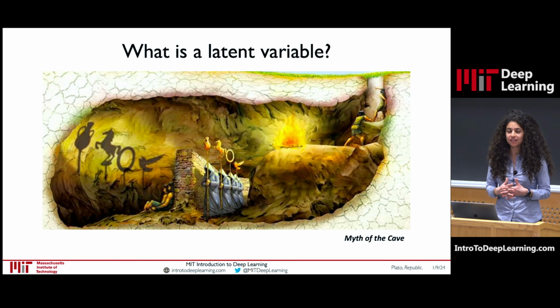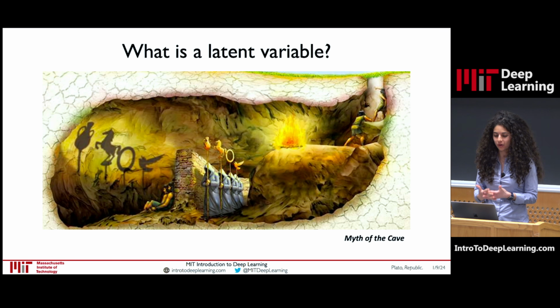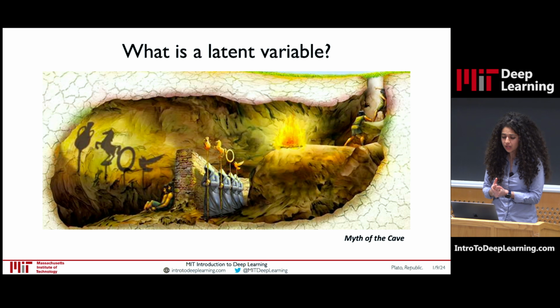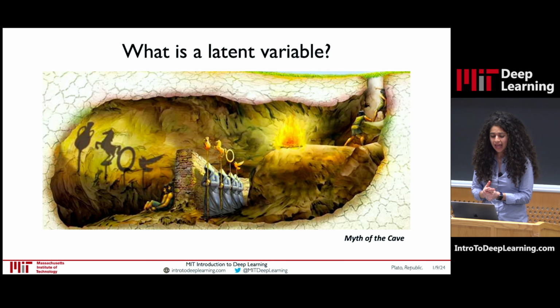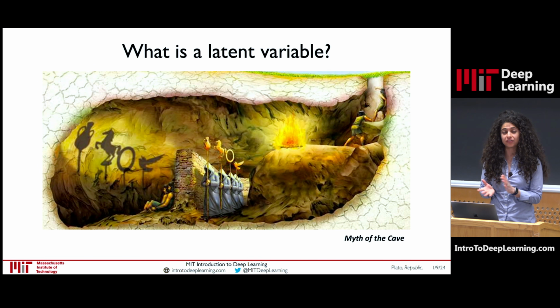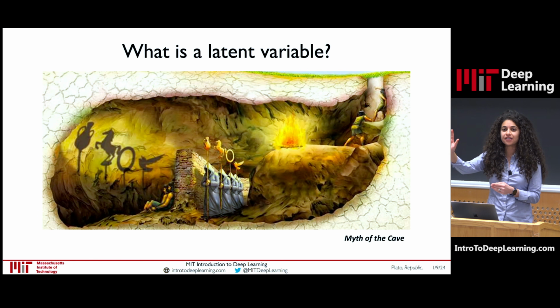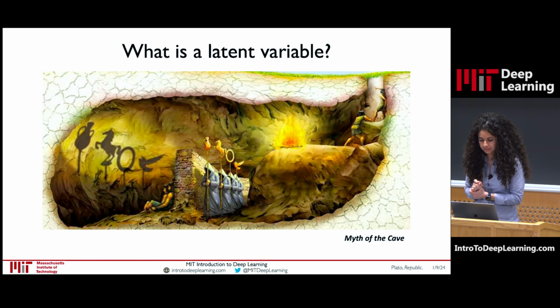And the example that I love to use and always use to illustrate this is this story from Plato's work, The Republic, dating back many years back to ancient Greece. And this is known as the myth of the cave. In this myth, there are a group of prisoners, and they're forced to stay in this cave and asked to just face a particular wall of the cave.